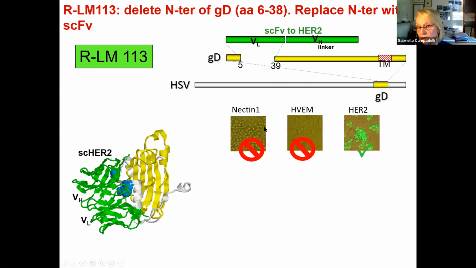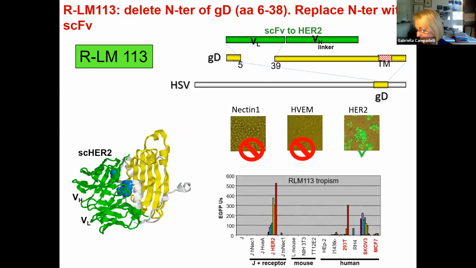The virus carrying this chimeric gD is no longer able to use the 2 gD receptors, Nectin-1 and HVEM, as a portal of entry, but it will use HER2 as the portal of entry. And with this virus, we can show in cell culture that it only infects HER2-positive tumor cells.